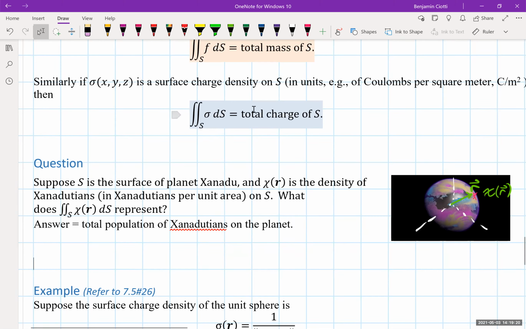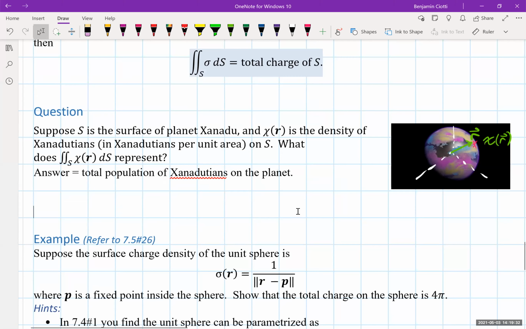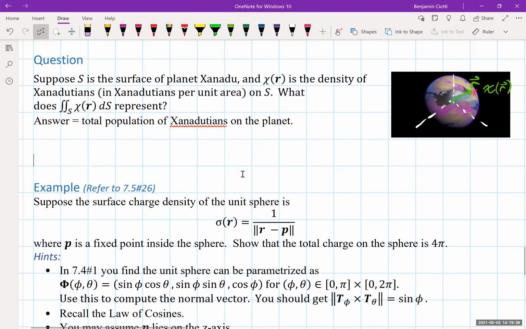Just like if you integrate the mass density, you get the total mass. Integrate the surface charge density, you get the total surface charge. Okay, so if there's no questions on that, then that brings me to my main example.